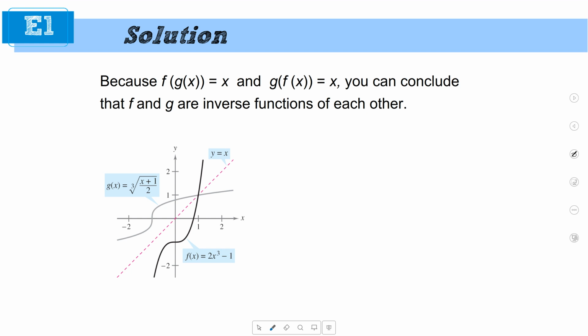If you take a function, its inverse will be the reflection of that graph over the line y equals x. That's really important for what we're going to do later. So the function and its inverse are reflections over the line y equals x, that 45-degree angle.